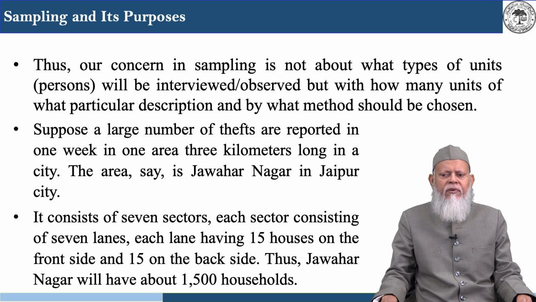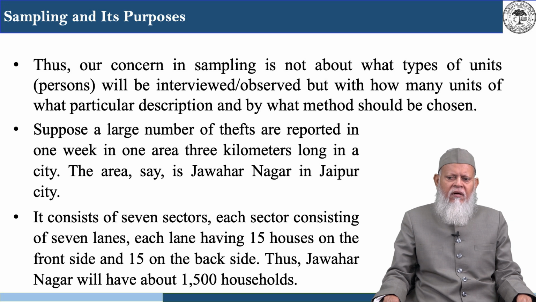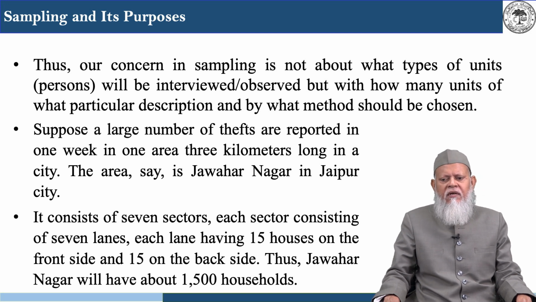So, in this example, suppose in a locality a large number of thefts have taken place in an area of 3 square kilometers. It is made of, say, 7 or 10 small sub-localities.